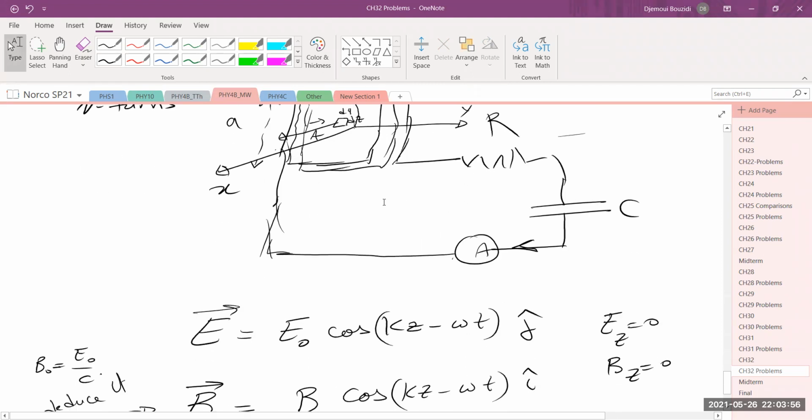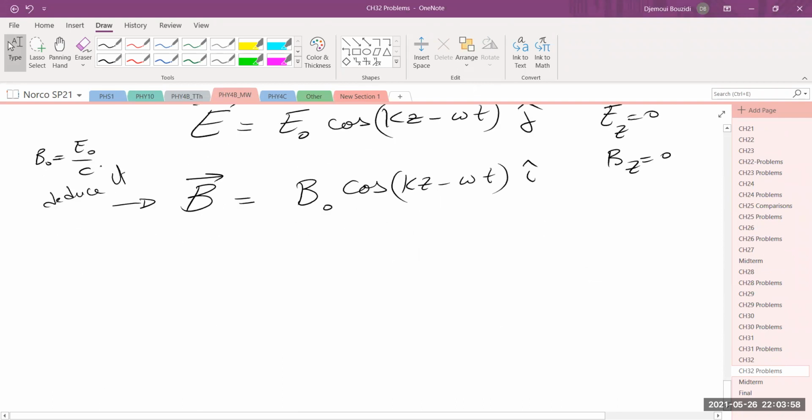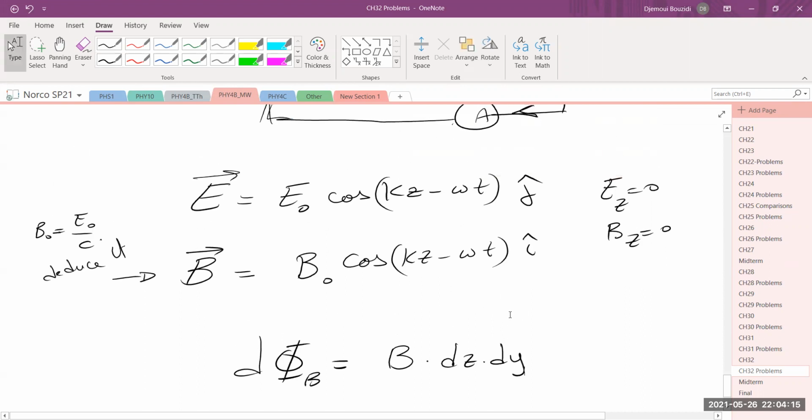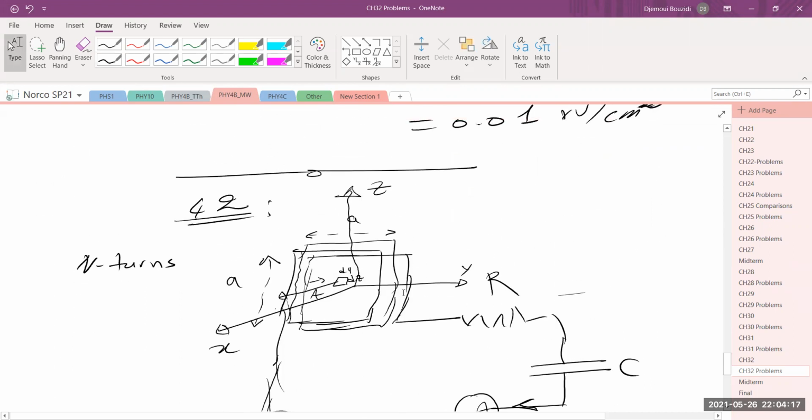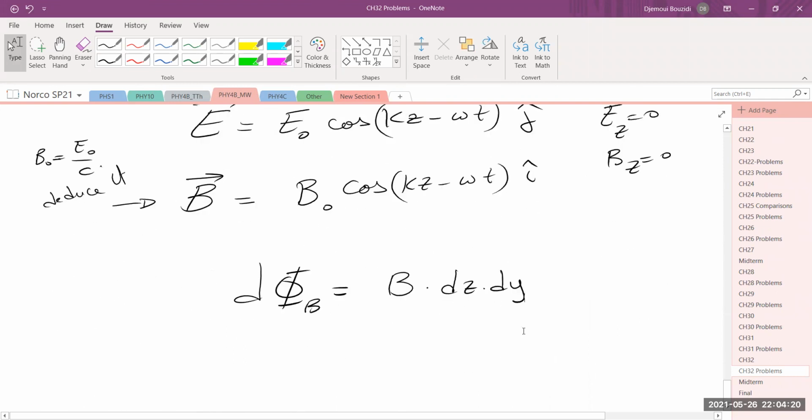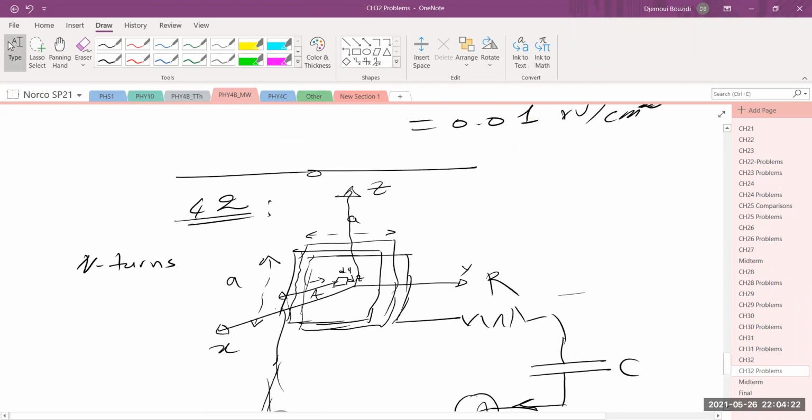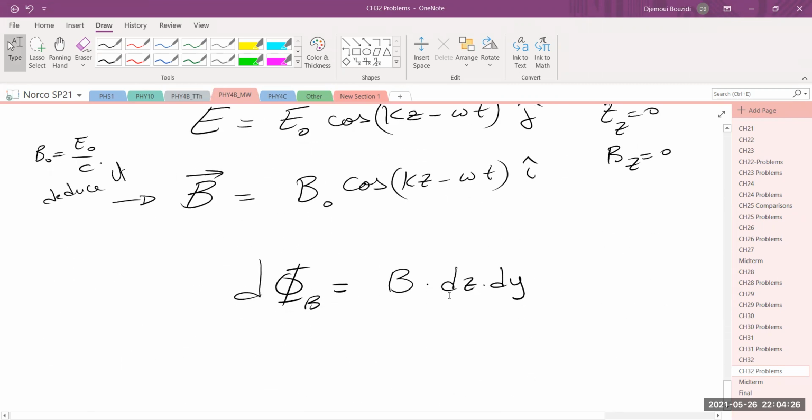So the flux in that area, d phi, of the magnetic field is going to be just the product of the two. The magnetic field times the area, which I took to be dz times dy. Yeah, because B is along the X direction and the area is along the X direction. So I have a cosine of 0 between them.